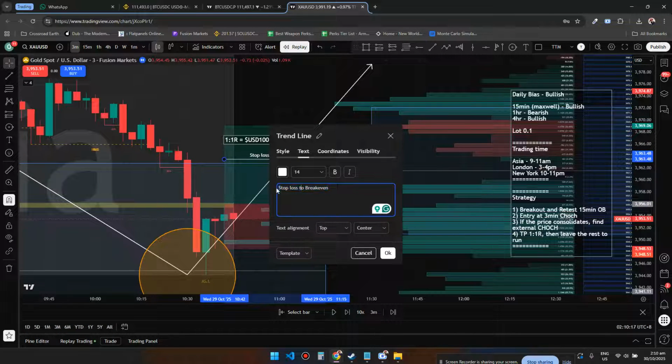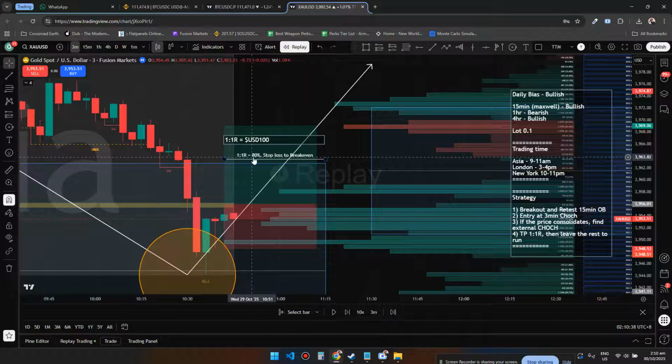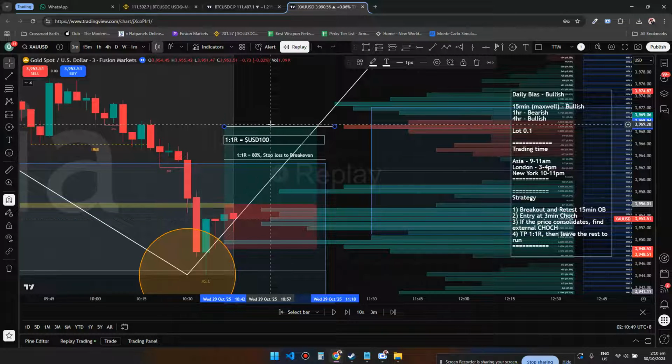So for the 1-to-1 risk reward, I will usually take 80% off the trade, and then I'll put my stop loss to break even. So here I will take most of the profit, then I will scale to here. If it reaches here, I'll take another 10%, and then here I'll take another 10%.